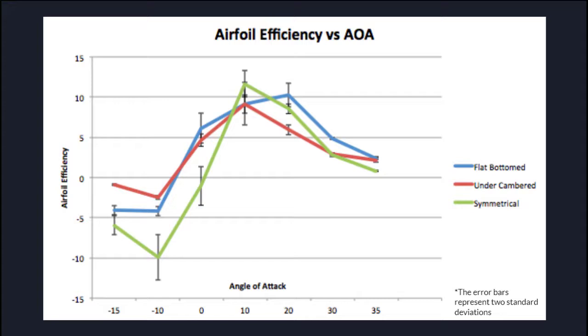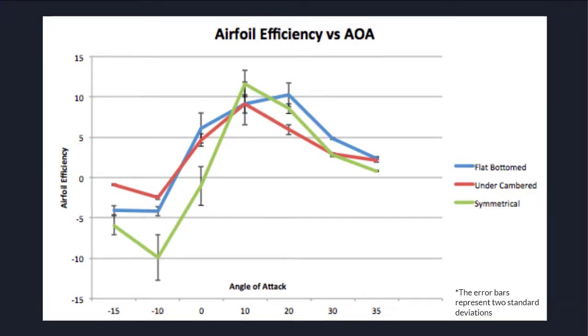The flat-bottomed airfoil was the most efficient throughout most of the angles. The symmetrical airfoil, though, created the most airfoil efficiency of all the airfoils at about 10 degrees. The undercambered airfoil was the least efficient. Another thing to note is how similar the symmetrical airfoil looks on both sides of zero.